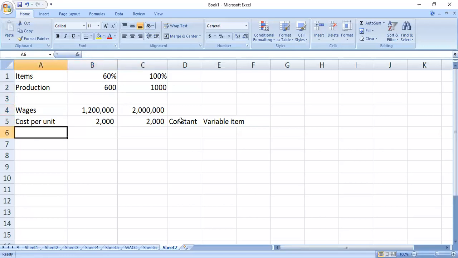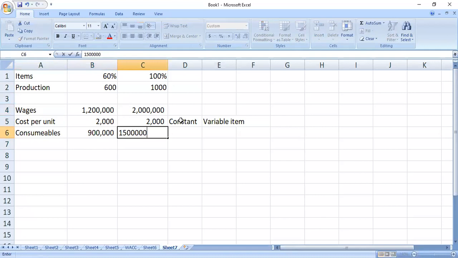I can go now to consumables. Okay, for consumables, we are saying that it's 900,000 and it is 1,500. So in the same way we tested for wages, we're going to do it for consumables.